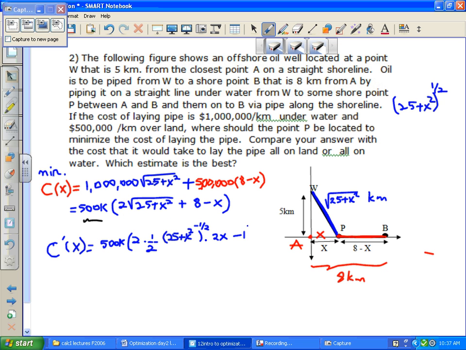And do you see cancellation about the 2's? Like this 2 and 1/2, we can get rid of them right away, right? And the negative 1/2 power, can I put it on the bottom? How can I put it on the bottom? As a square root, right? That's going to be on the bottom, a square root expression. So let's clean it up a little bit before we set it equal to 0. Let's try to clean it up.